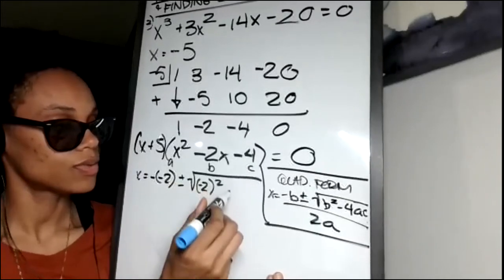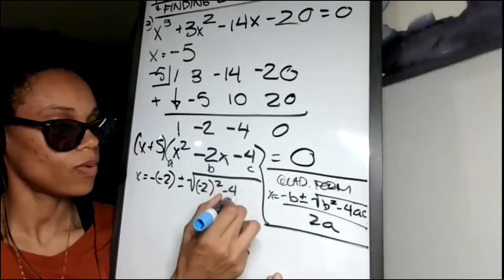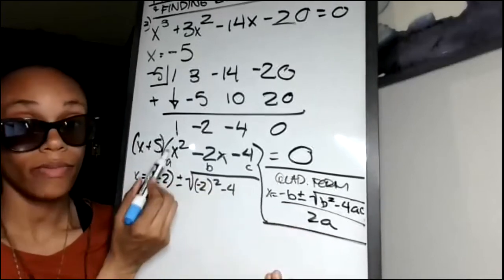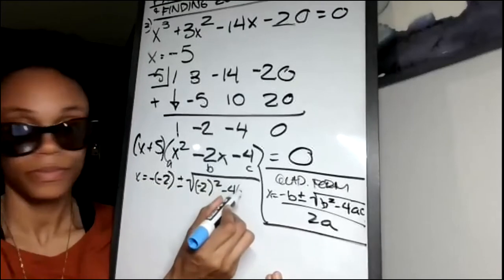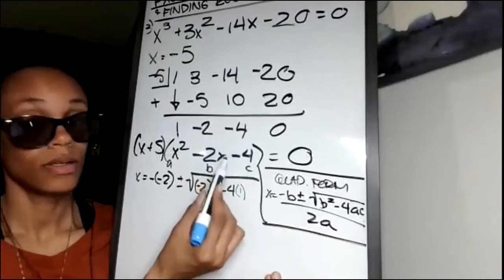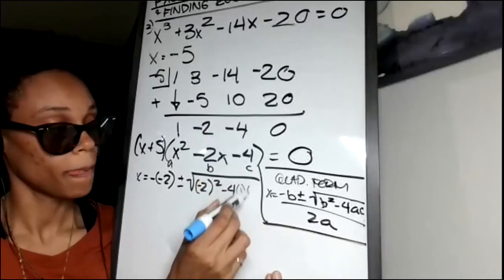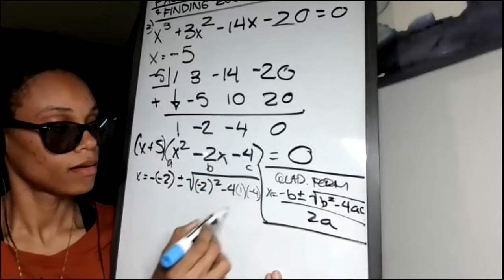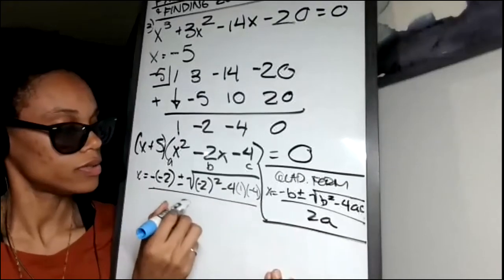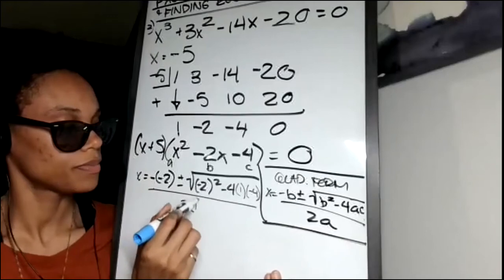So -2 squared minus 4 times a. We don't have a coefficient here, so a is just 1. Times c, -4. And all of that is over 2a, 2 times 1.